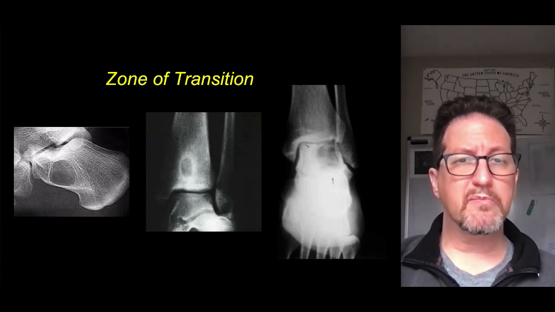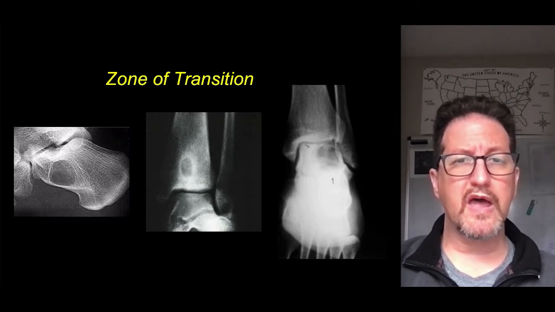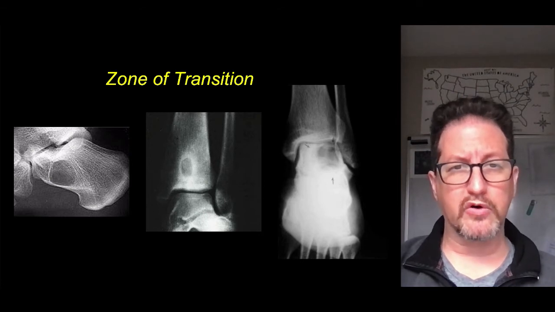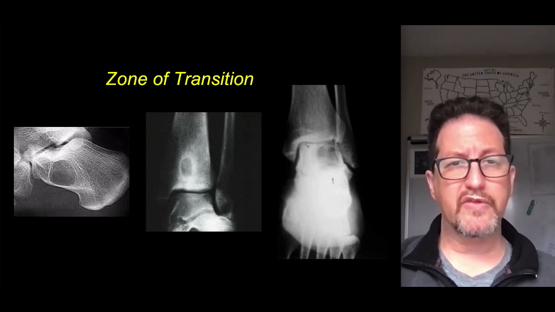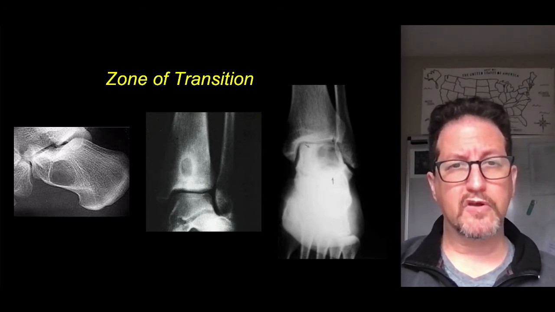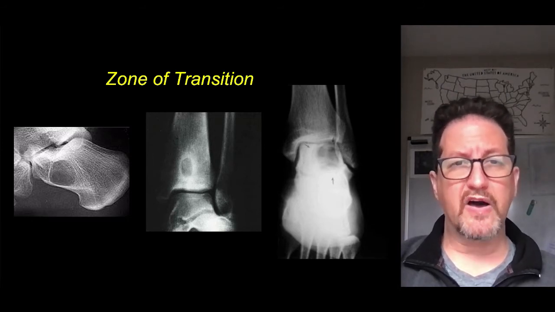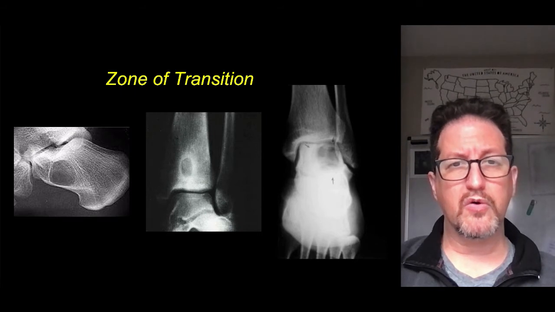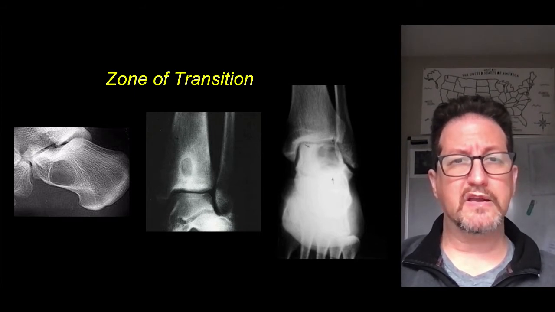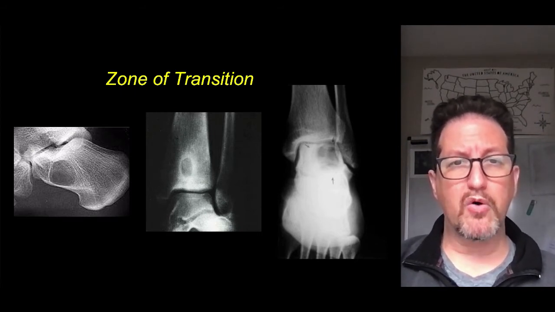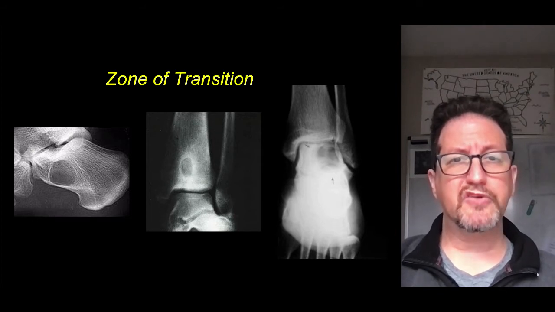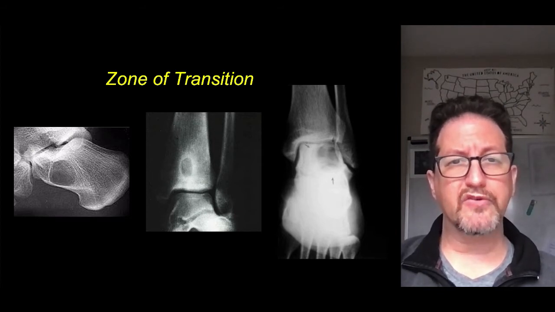Then the lesion in the middle, you can still see it, but it has a sort of blended out cortical rim. It's not a well defined area of sclerosis, so it's growing enough that it can have some bone deposition around it, but it sort of blends out. So that's a little bit more rapid.